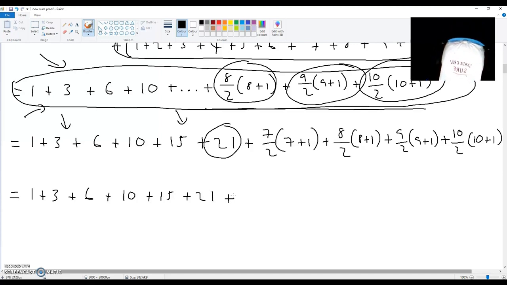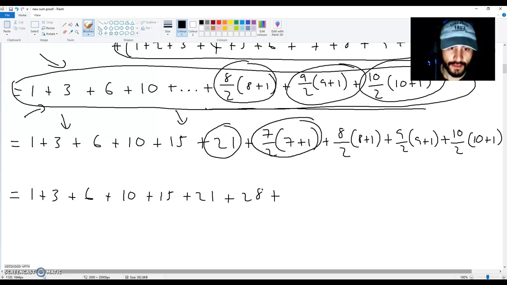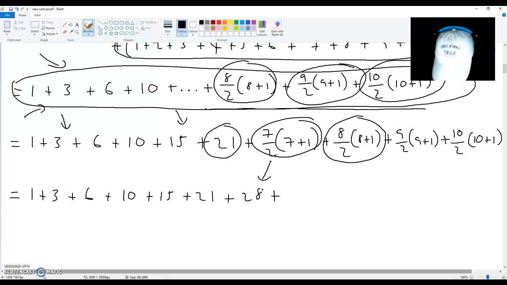What's that? So that's 7 over 2 times 8. That's going to be 28. So this over here is 28. Now what's this over here? It's 8 times 9 divided by 2, and that's going to give us 36.